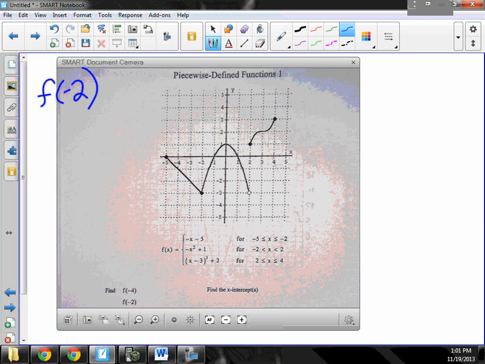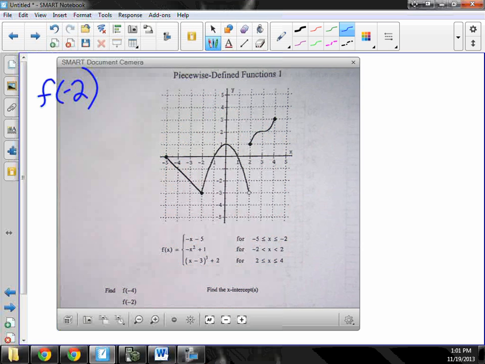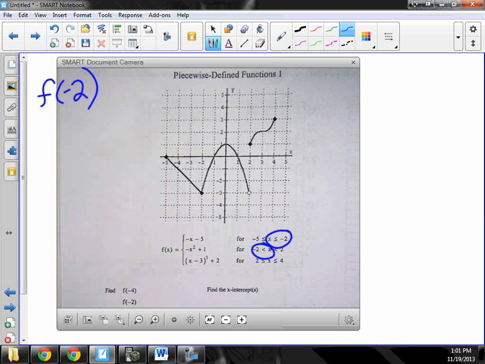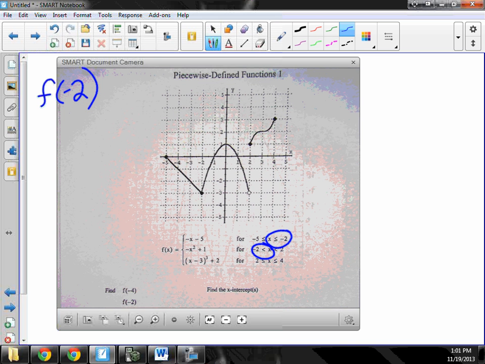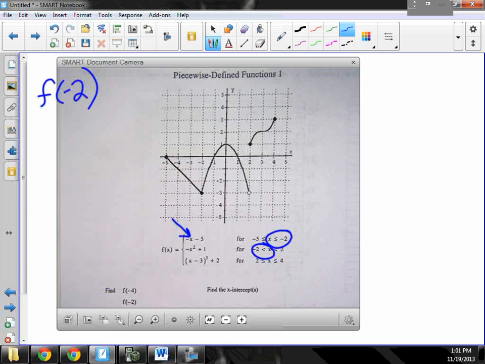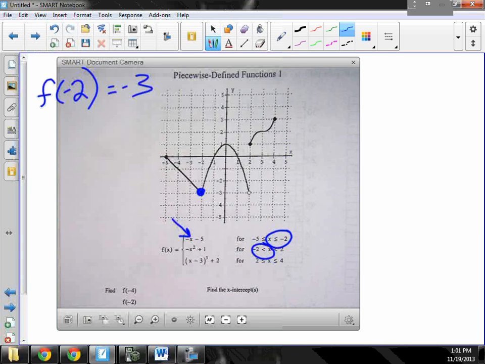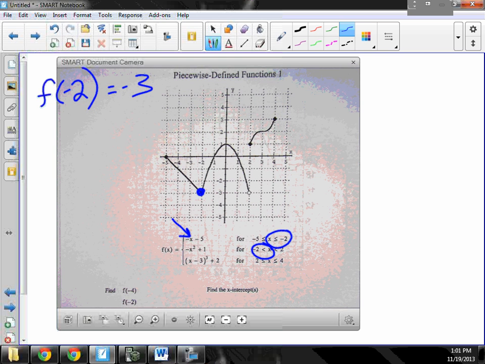Has to be the top, because this says x is less than or equal to negative 2, and this one says x is bigger than negative 2. So we need to plug it in to this one, or you could go to the graph at negative 2 and figure out the answer is negative 3. Does that make sense? So you can't just randomly plug the number into the equation because you have 3 equations. So you need to use the domain to figure out which equation to plug the number in.